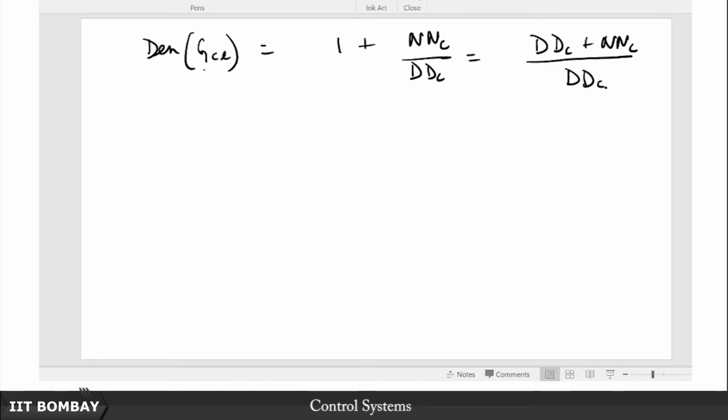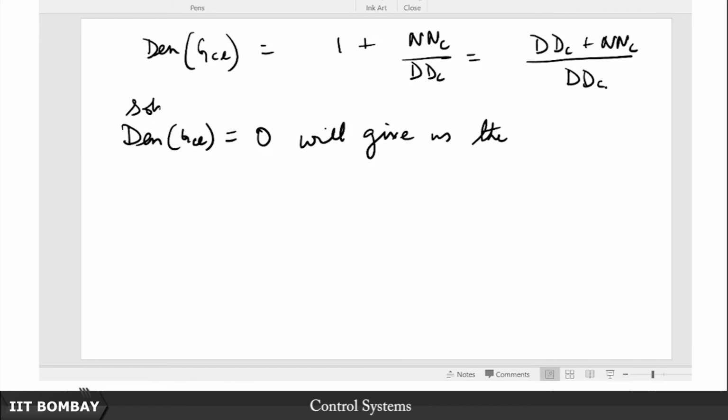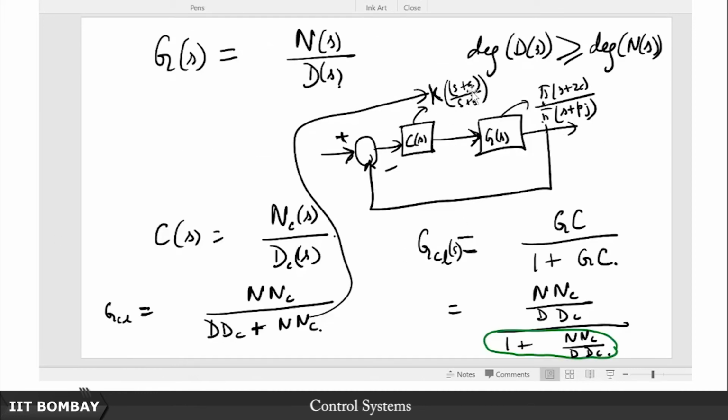So, if you think of the denominator, the denominator of G_CL equal to 0 will give us what? If we solve for the denominator of G_CL equal to 0, this will give us precisely the closed loop poles. But we do not know what the closed loop poles are for different values of this gain k and these different choices.